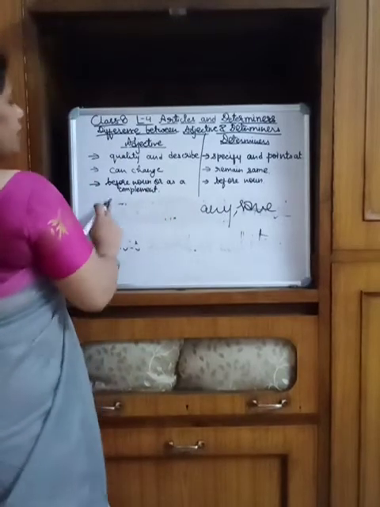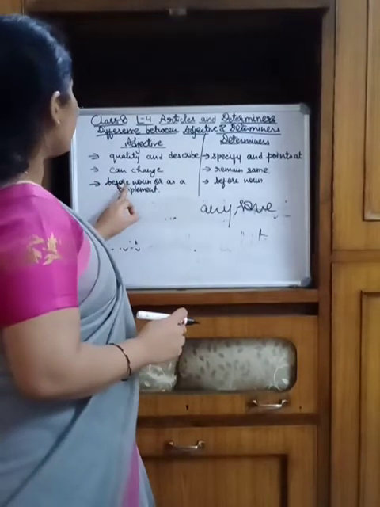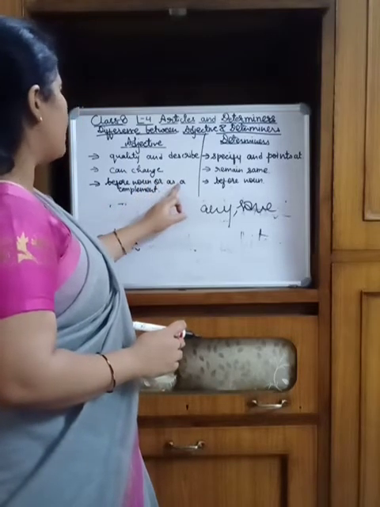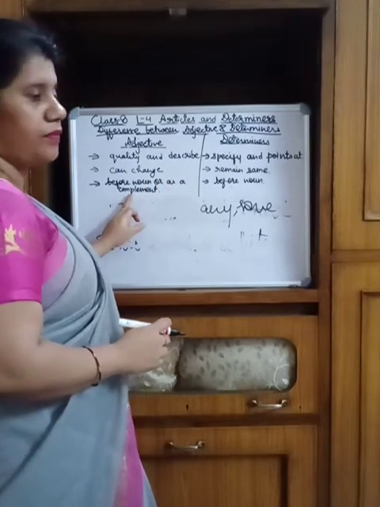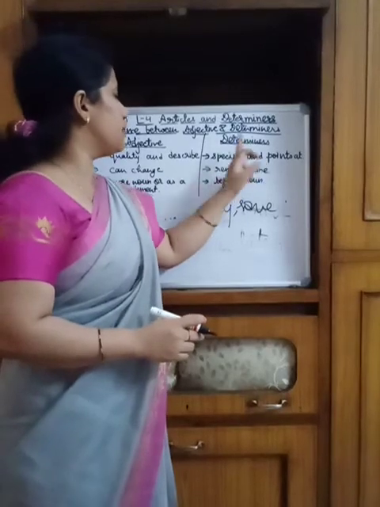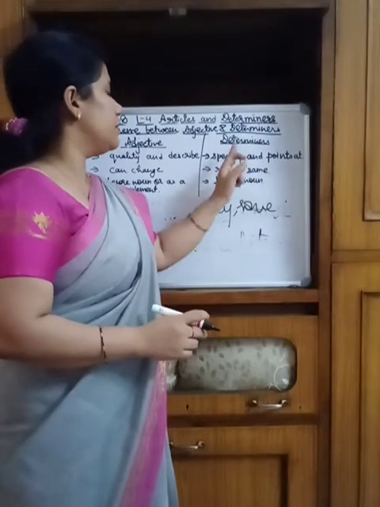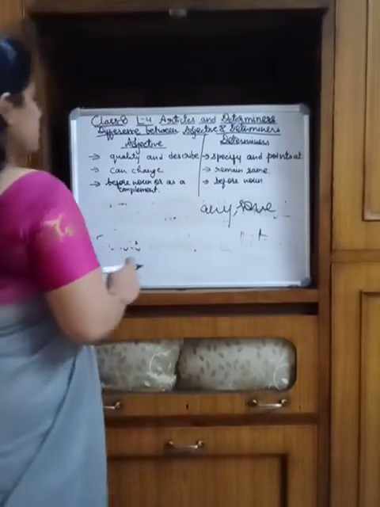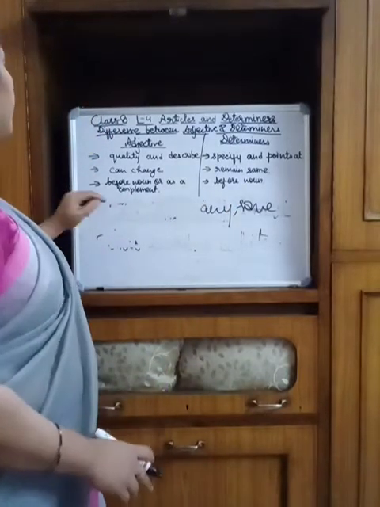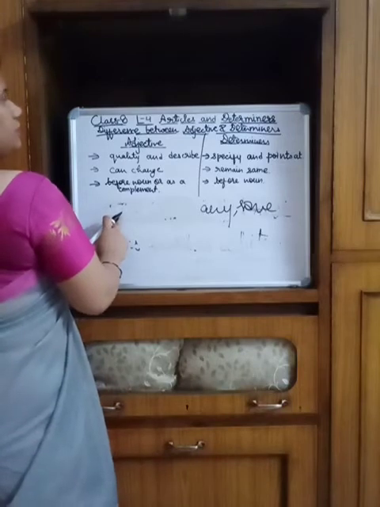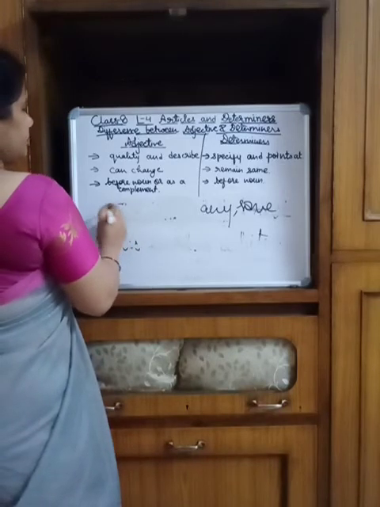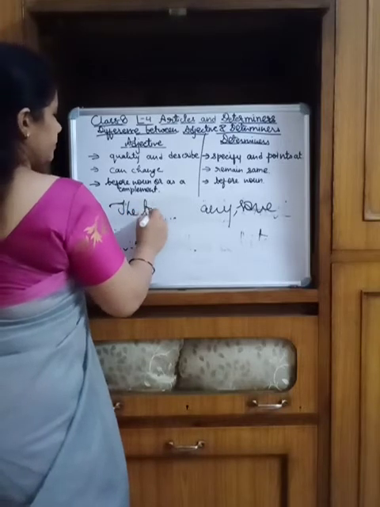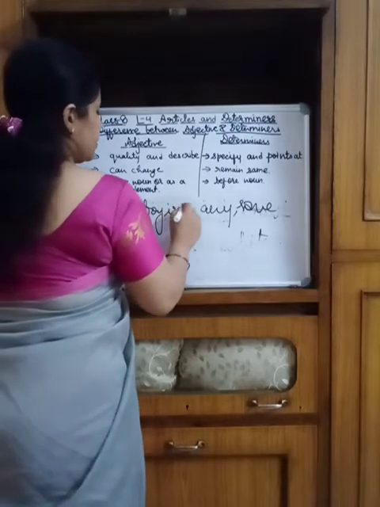The third quality is that adjectives come before the noun or as a complement. But determiners come always before the noun. Let's see with an example. Suppose I am writing here, the boy is good, right?